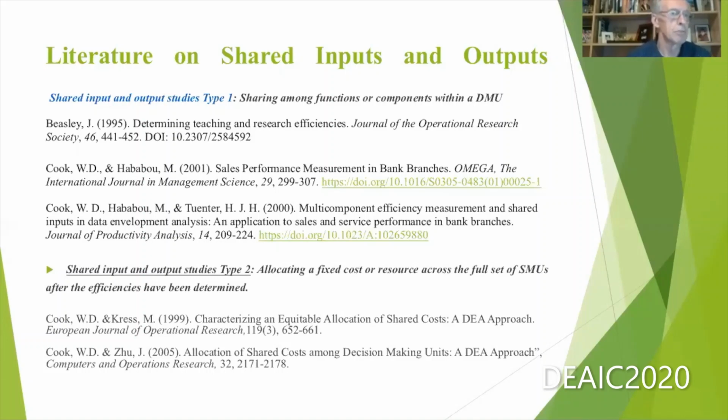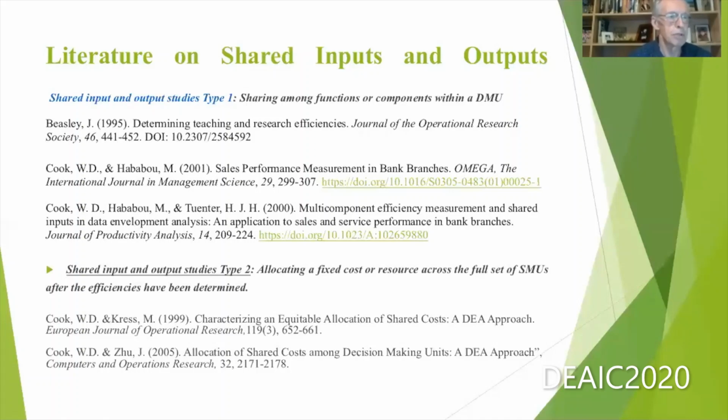A somewhat similar approach was suggested by Cook, Hababou and Tuenter in their 2000 and 2001 publications, which involves splitting resources across sales and service components in bank branches. In these cases, the sharing took place within a DMU, where certain inputs are split across functions or components, which can be thought of as sub-DMUs.